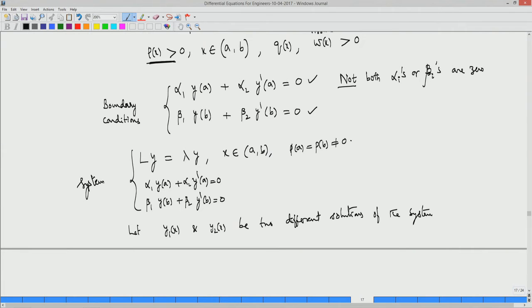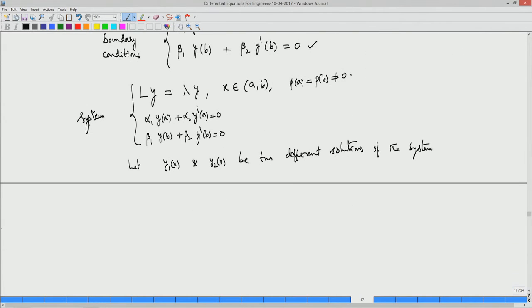This is the regular Sturm-Liouville system. So if you take that, y1 satisfies this equation and these boundary conditions: alpha 1 y1 at A plus alpha 2 y1 dash at A equal to 0, and similarly beta 1 y1 at B plus beta 2 y1 dash at B equal to 0.